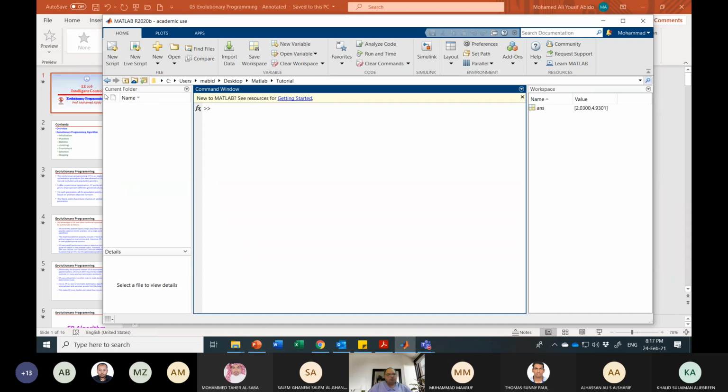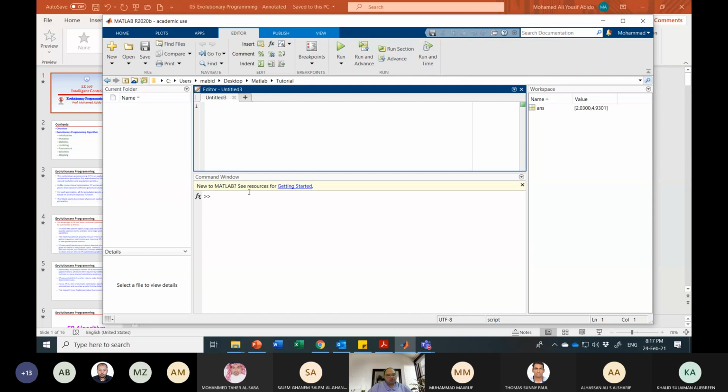So let us see how to implement it using the genetic algorithm. Actually, are you seeing the cursor here, the mouse? Yes, Doctor. Okay. So let us start a new script here, and we define the function.